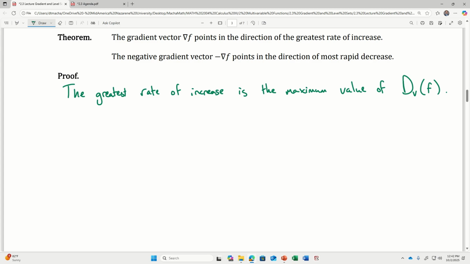So choose v to be any direction you want, right? But if you choose the right value of v, we'll get the maximum directional derivative. And then let's write down the directional derivative formula really quick. And of course, that's the same thing as this.